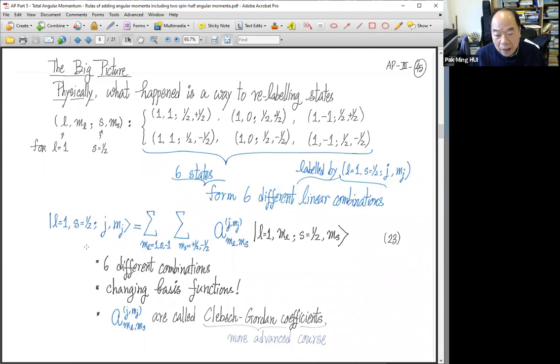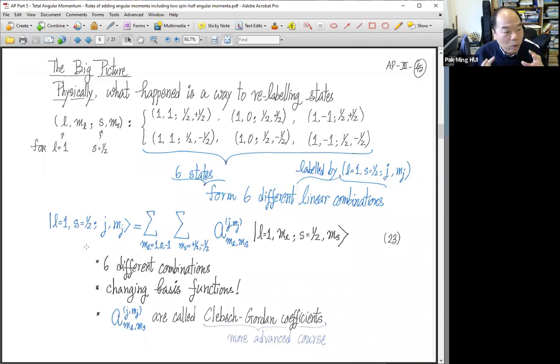So here, equation 23 illustrates that from the labeling by the Z component of L and S, so ML, MS, we can move to a new total angular momentum description on the left-hand side, J, MJ. They are just linear combinations. Thereby, there are coefficients we found.